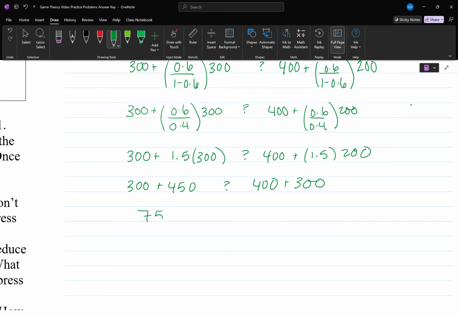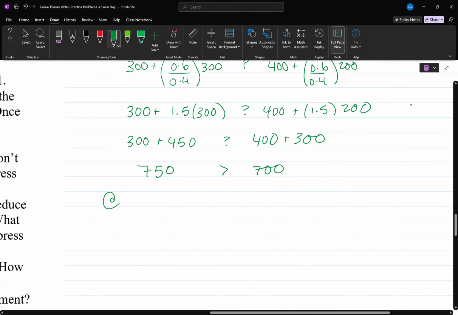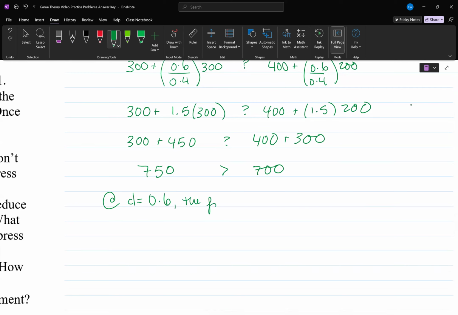What we see here is that the payoffs from cooperating exceed the payoffs from defecting. And so at a discount rate of 0.6, both countries will cooperate.